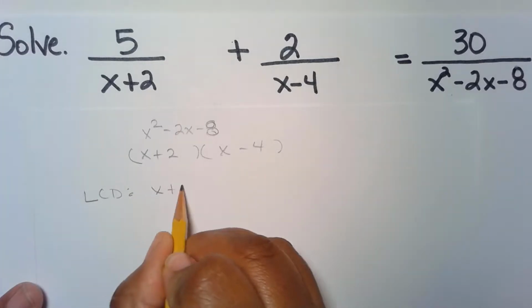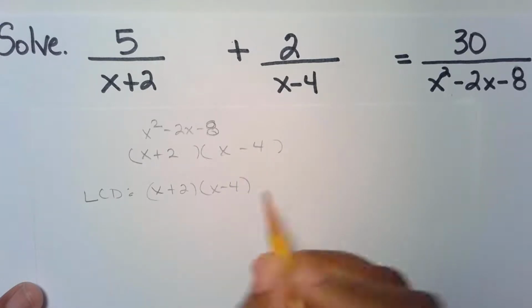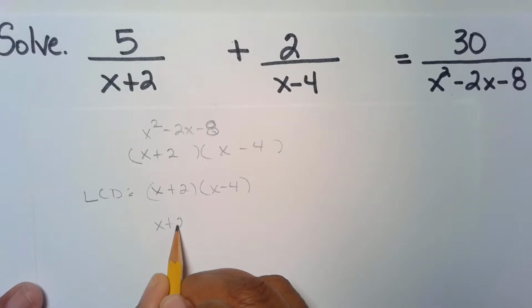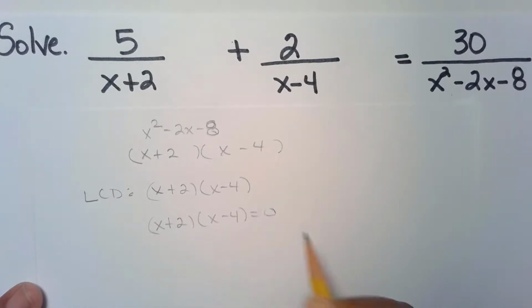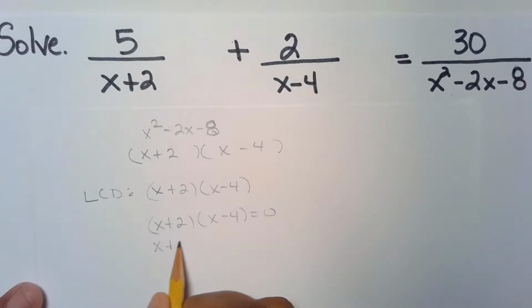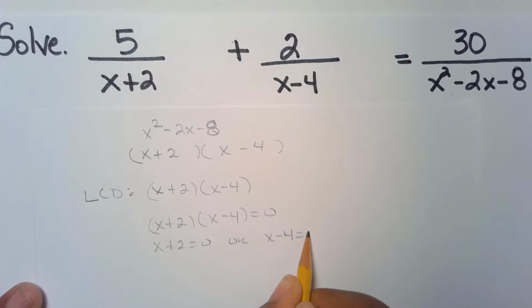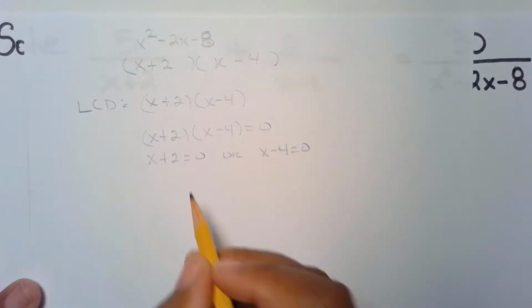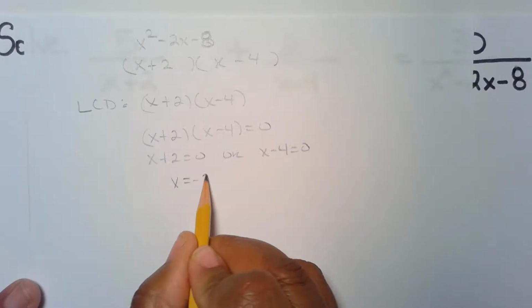So since our LCD is going to be both of those factors, we're going to set each of those factors equal to 0 so we can find our restriction. So set each factor equal to 0. X plus 2 equals 0, therefore x is equal to negative 2.